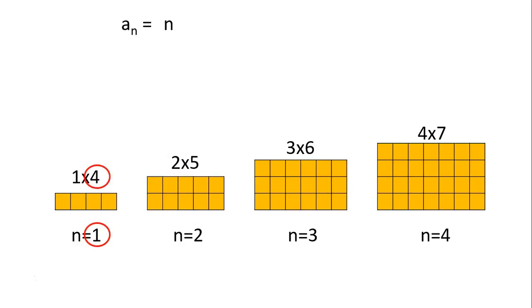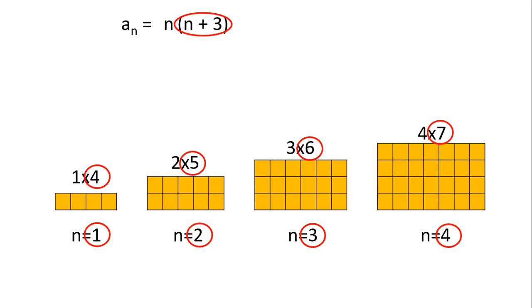But this isn't a direct relationship, at least not as direct as the first one was. So we have to relate 1 to 4, and 2 to 5, and 3 to 6, and 4 to 7. And what we notice here is that that second factor is 3 more than the position of the figure. So the second factor has to be 3 more than n, or n plus 3.